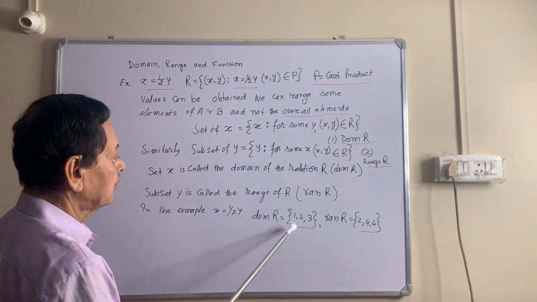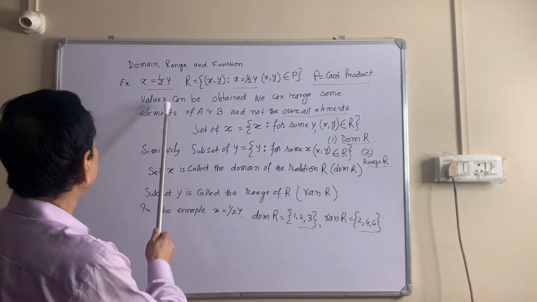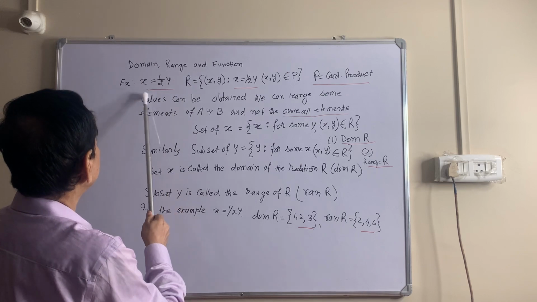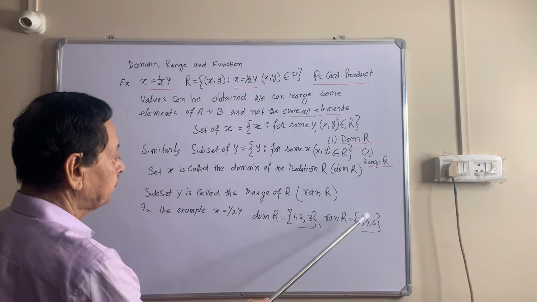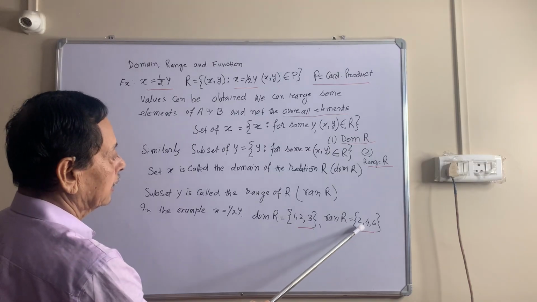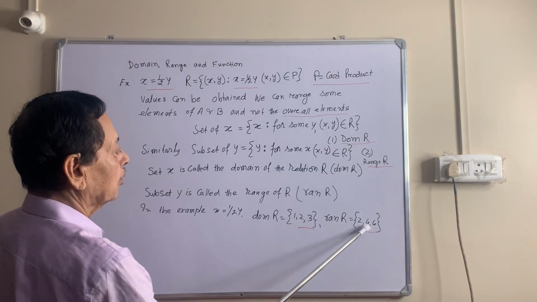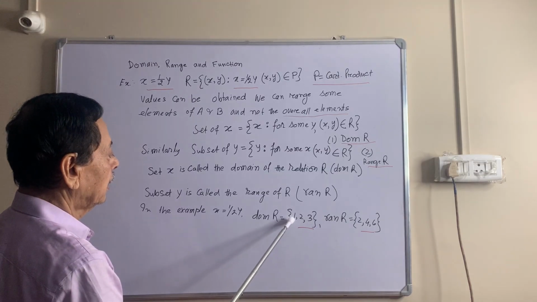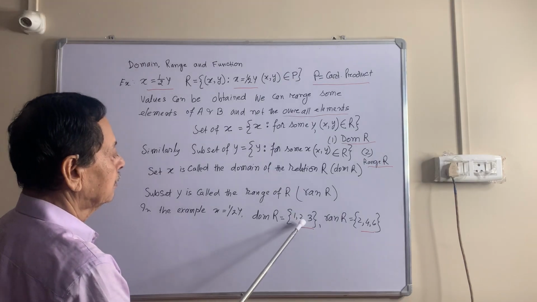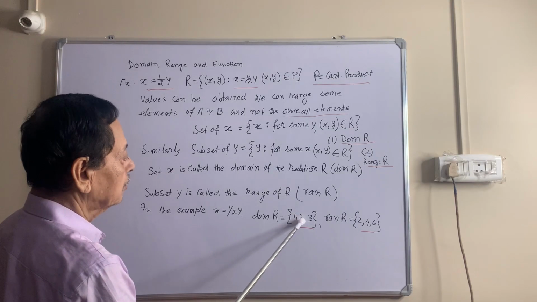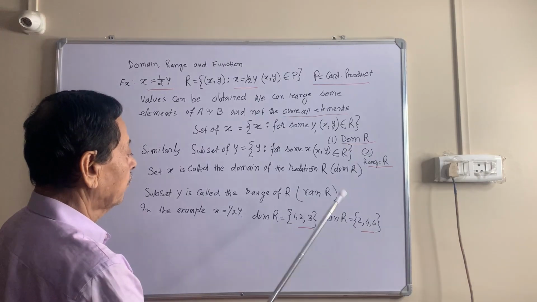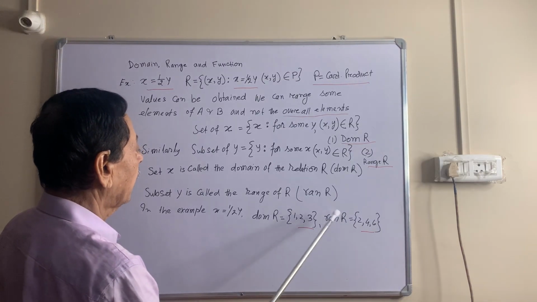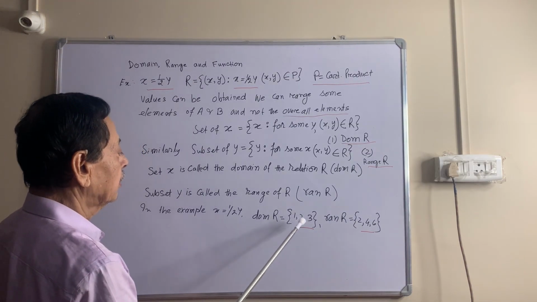So your domain is 1, 2, 3, and if we have to maintain the relationship x is equal to half of y, then y should be double of this: 2, 4, 6. That means 2 times 1, 2 times 2, and 2 times 3. So this is called the range, and this is called the domain.